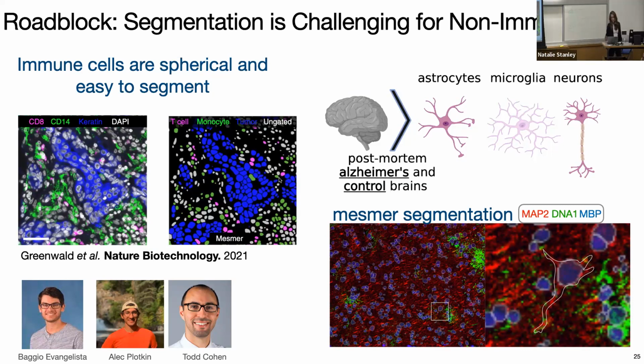So, this is one thing that we're interested in working on improving, right, this Mesmer approach, which is sort of the state of the art for just regular spherical immune cells.